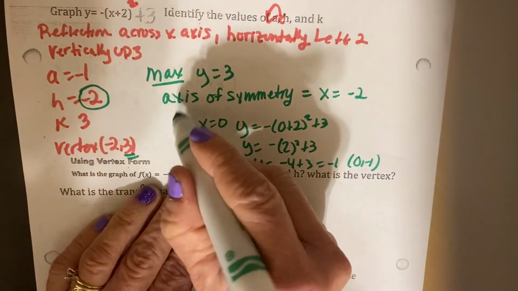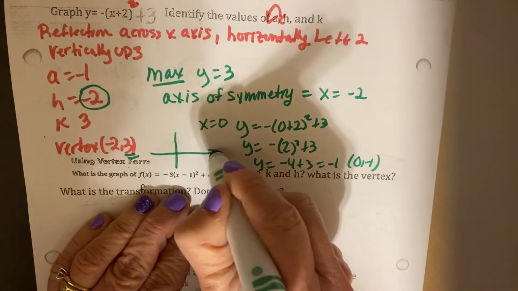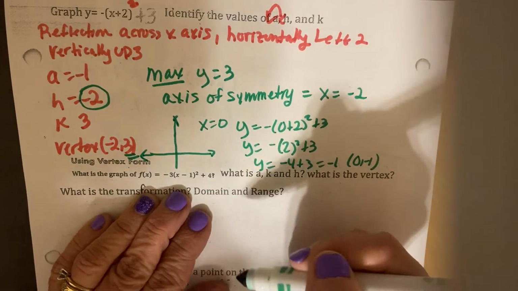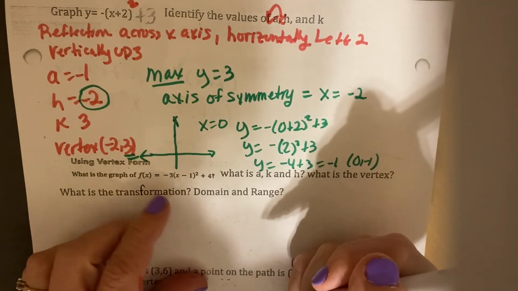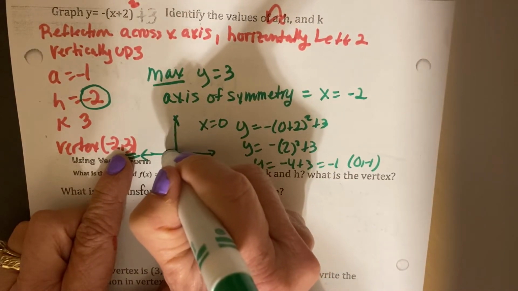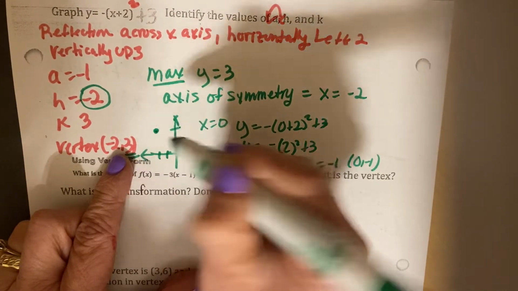So I can just go in and maybe get a little tentative sketch right here, because you already know I'm not the best artist in the world. Okay, so I know my vertex is at -2, 3. So 1, 2, 1, 2, 3. So here's my vertex.